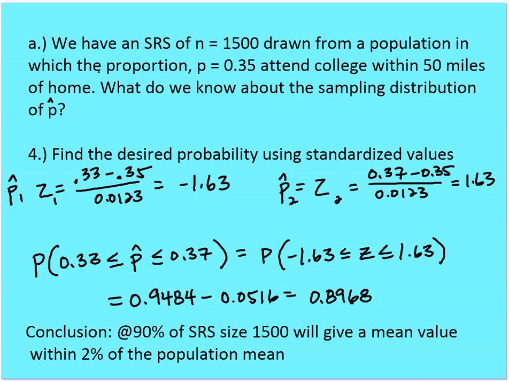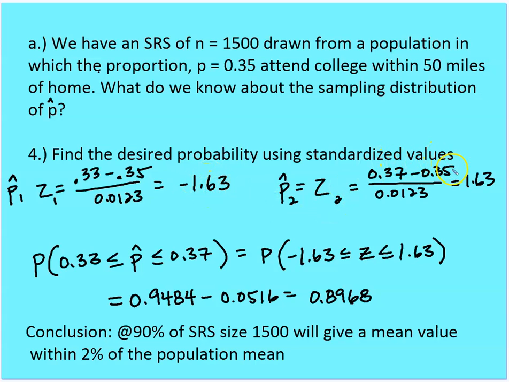The first value is the lower end statistic of 0.33, and the upper end, p sub 2, is going to be 0.37. So 0.33 and 0.37. We're going to find the lower end first, so we'll call this z1. It's going to be 0.33 minus 0.35, which is the population mean, over the standard deviation, which gives us our z-score of negative 1.63.